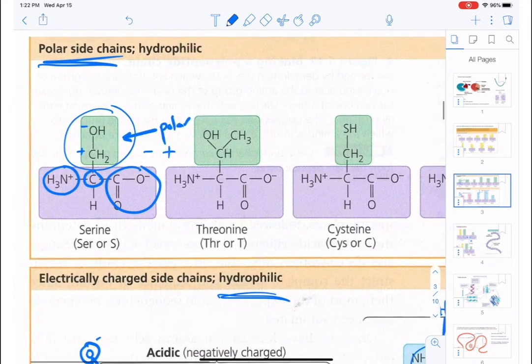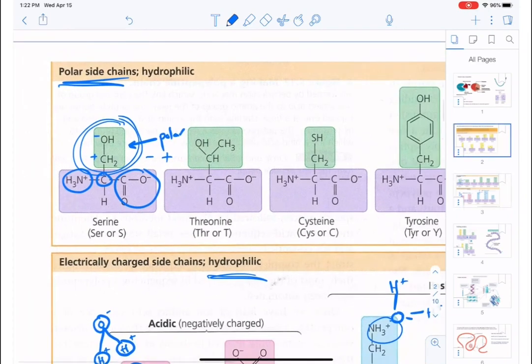So again, the net charge is neutral, but different parts of the molecule have different electrical charges. So these guys are all polar. And if it's polar, that means that it's hydrophilic, and that means that it's going to dissolve in water as well.